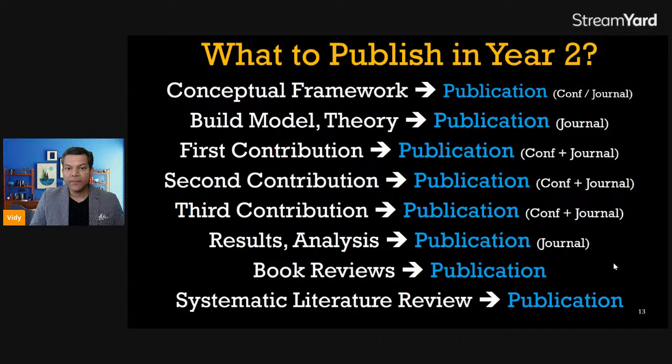So I have shown here both conference plus journal, conference or journal, and so on. Most of the contributions, like first, second, third, you could publish in both. It may also be the case that you are only able to achieve the first 2 contributions in year 2. That's perfectly fine.